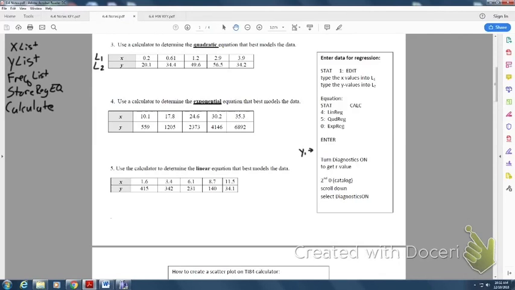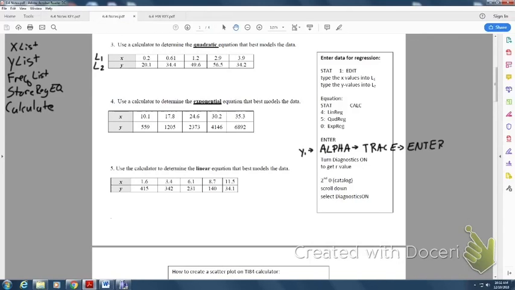To get it to do Y1, you're going to hit alpha, trace, enter. So whenever you hit alpha trace, you'll see a little menu pop up from the bottom of the screen that says Y1, Y2, Y3, Y4, whatever. Okay?